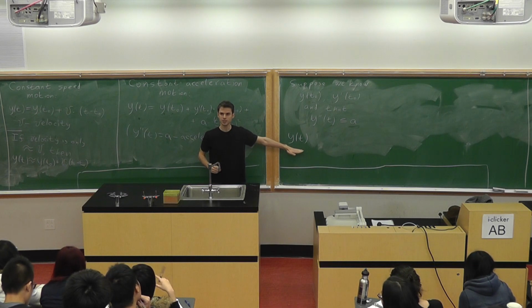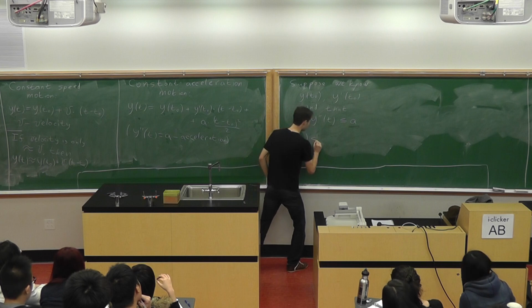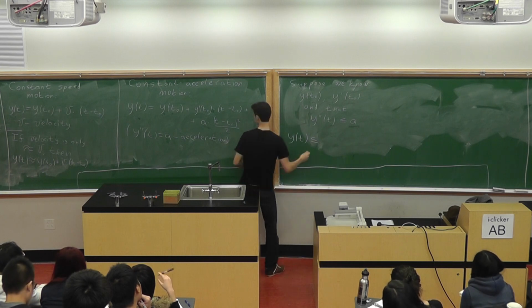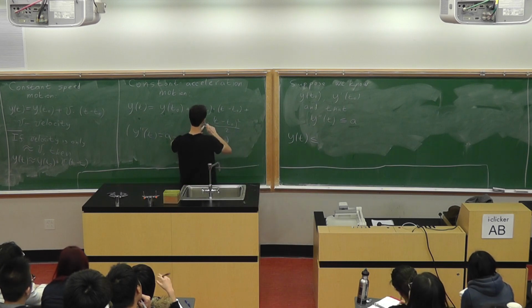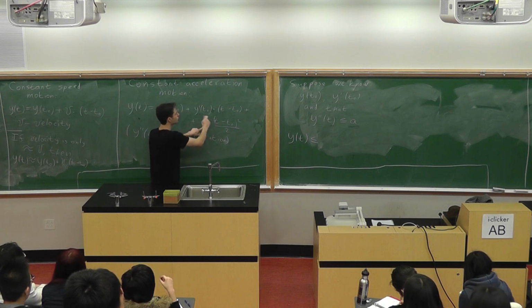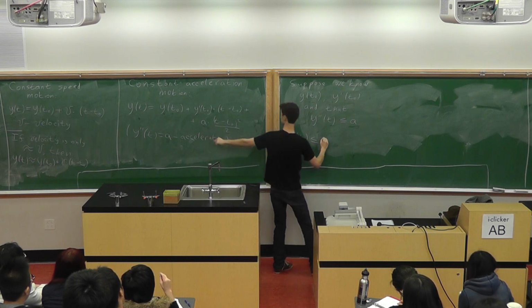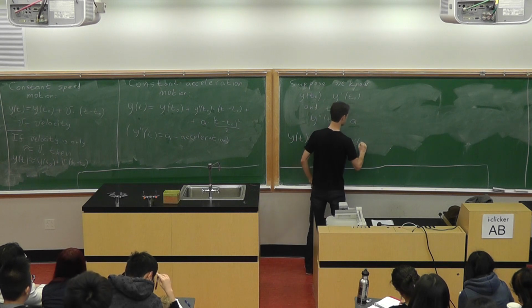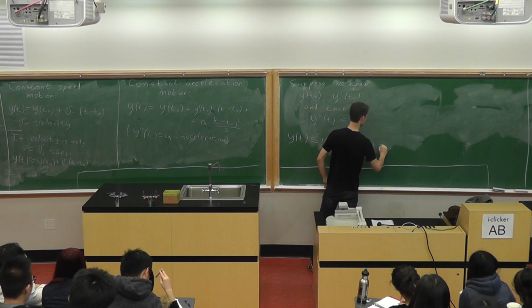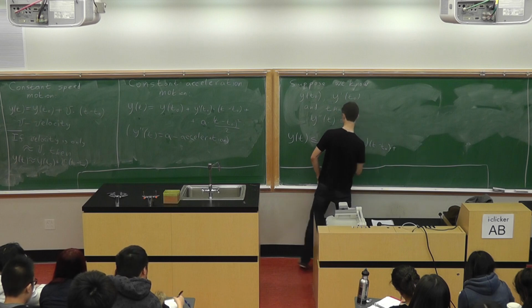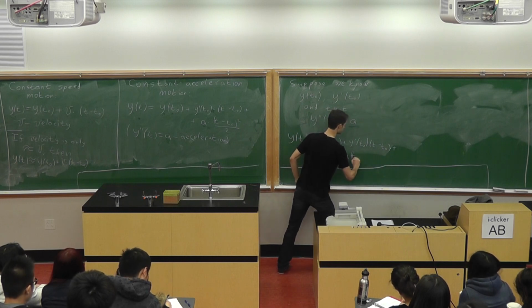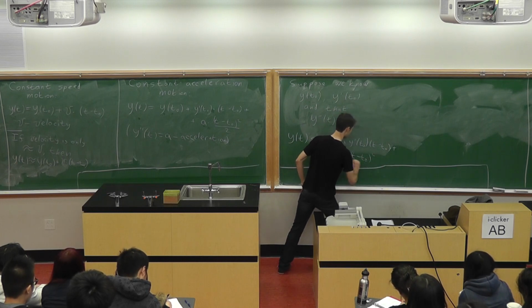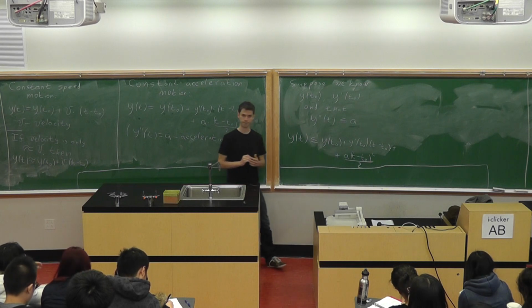At time t, it will get only as far as it would have gotten if it pressed full gas and used the full acceleration here. So it will be y of t naught plus y prime of t naught times (t minus t naught) plus a times (t minus t naught) squared divided by 2.